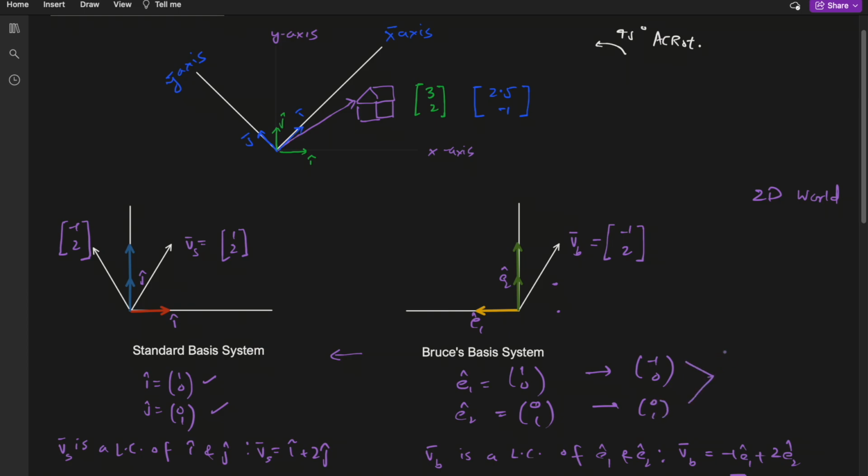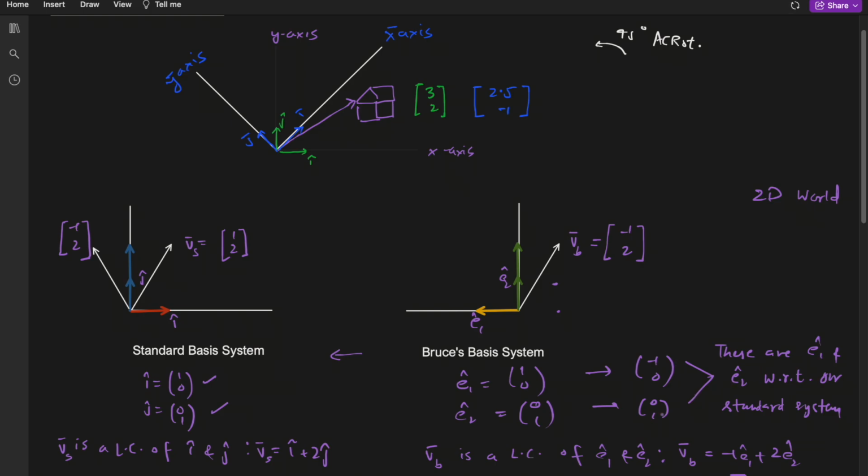These coordinates are nothing but the basis set of Bruce's system with respect to our standard system. So these are e1 hat and e2 hat with respect to our standard system.